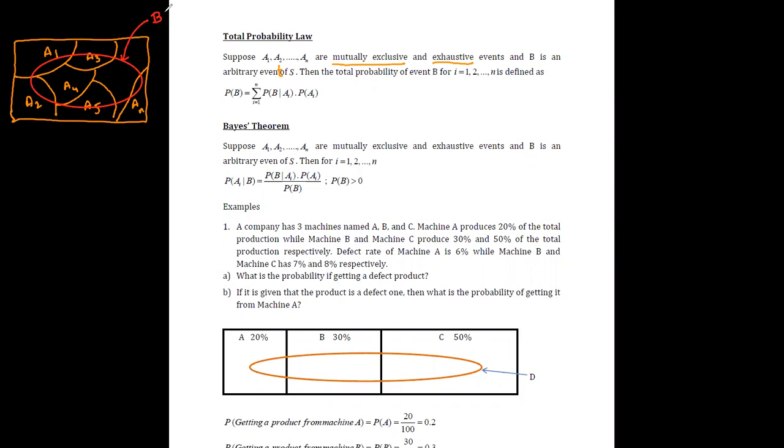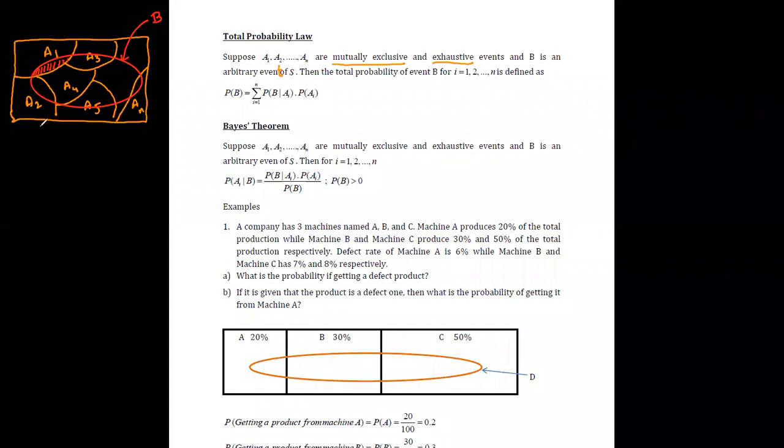To calculate the chance of the occurrence of event B, we can consider the collection of these small intersected parts.